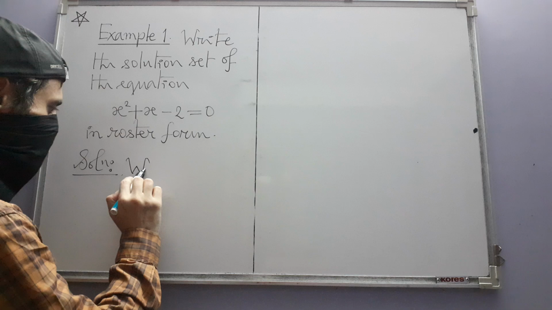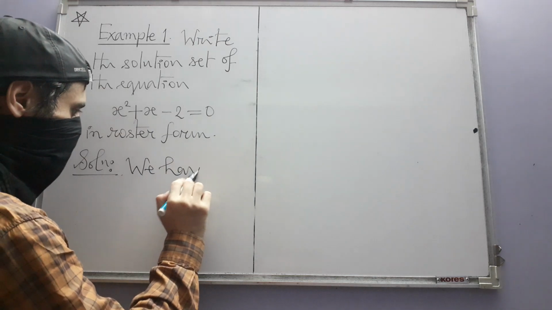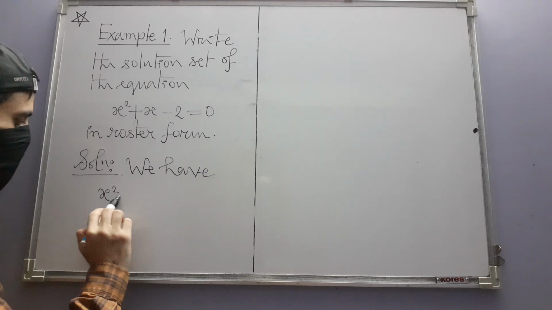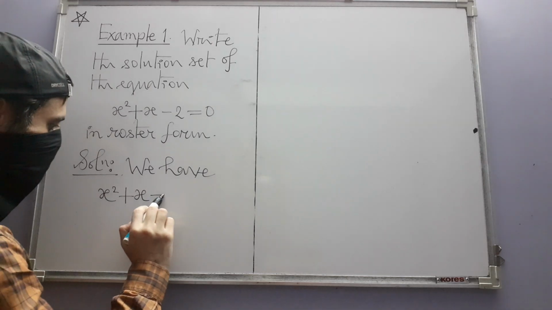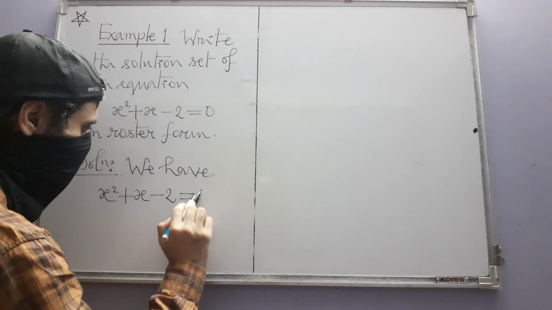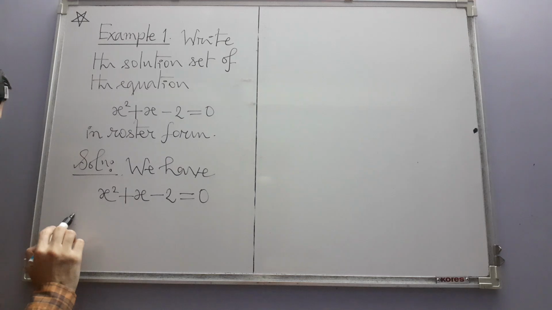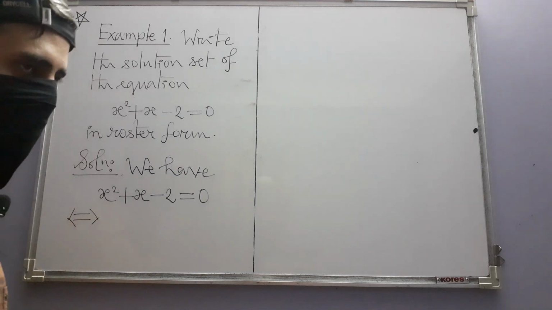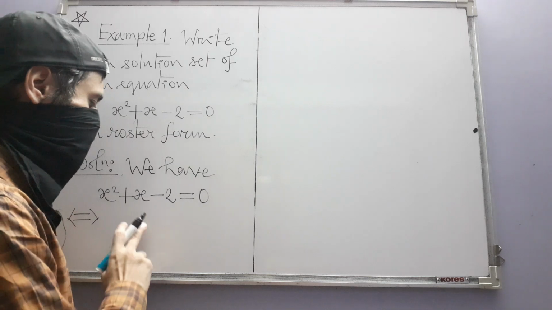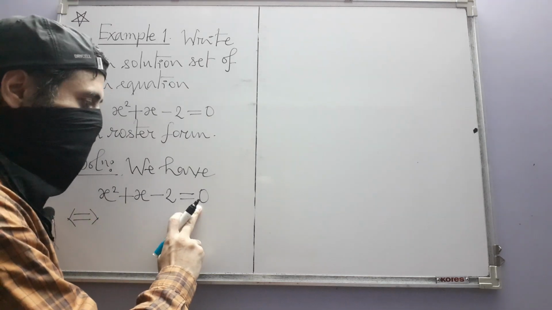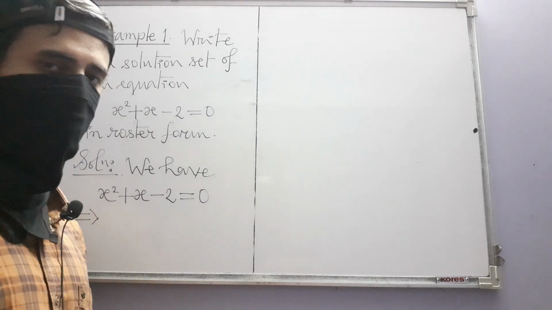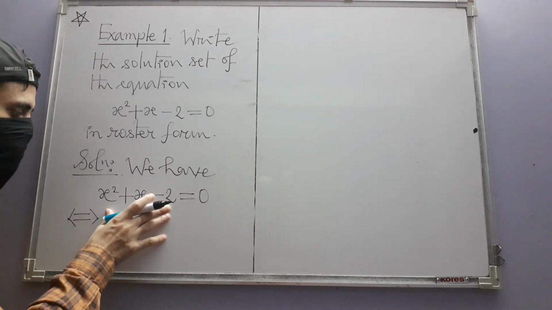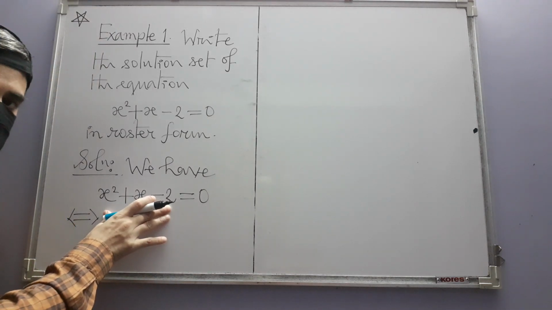We have x square plus x minus 2 equal to 0. Now, you of course already know that when you have such an equation, there are several ways of finding the solution. So we choose to factorize the left hand side polynomial.